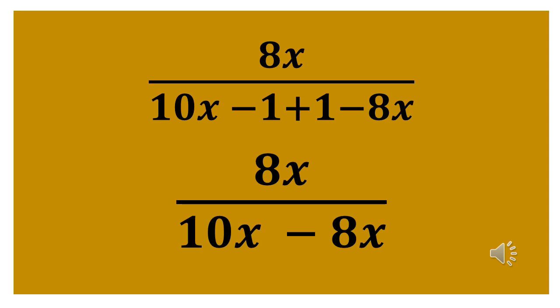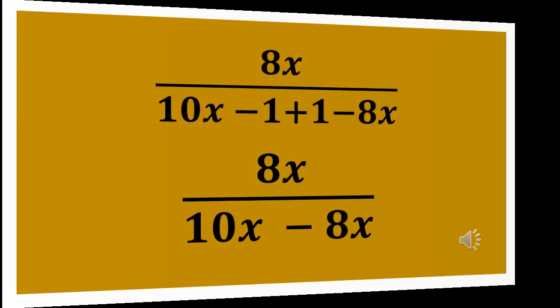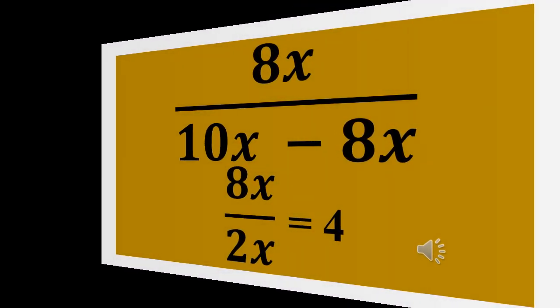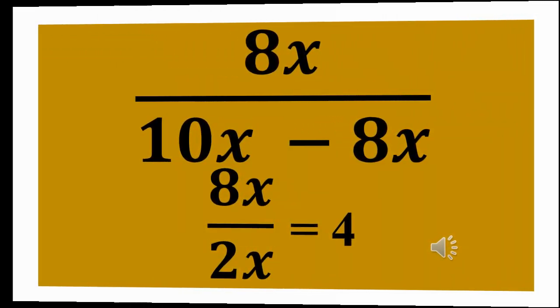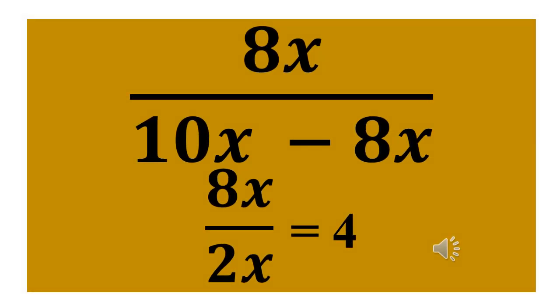And that will give us 8x over 2x. 10x minus 8x will give us 2x. So 8x divided by 2x will give us 4, and that will be the final answer for that question.